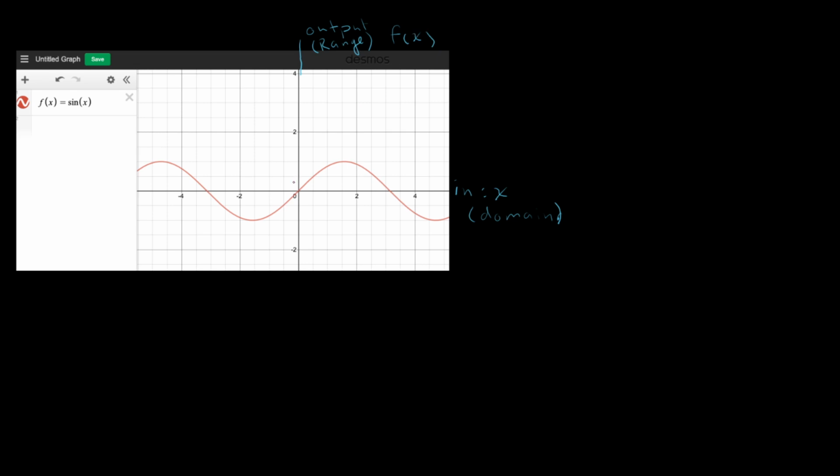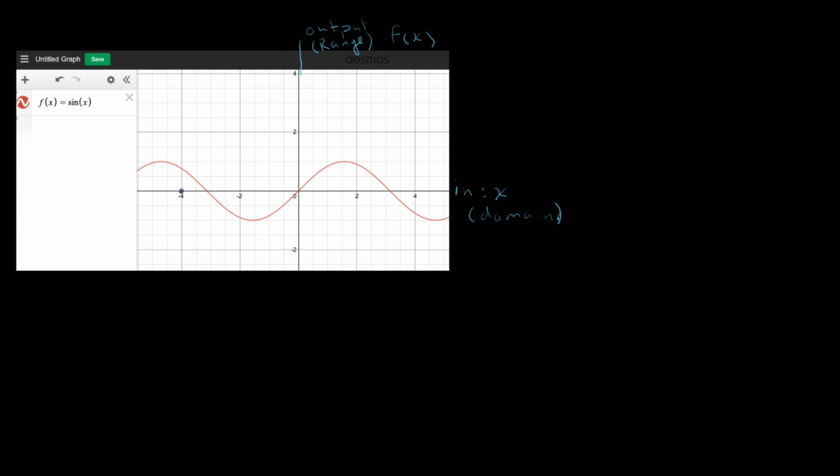And notice this sine function, no matter where you go on the inputs, there's only one possible output, right? So say I go to -4. I'm going to pick a little bit darker color here. Let's say I go to -4 as an input.